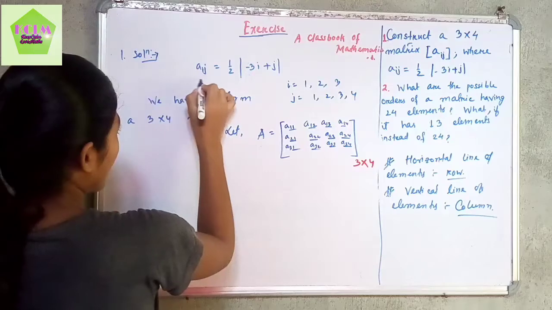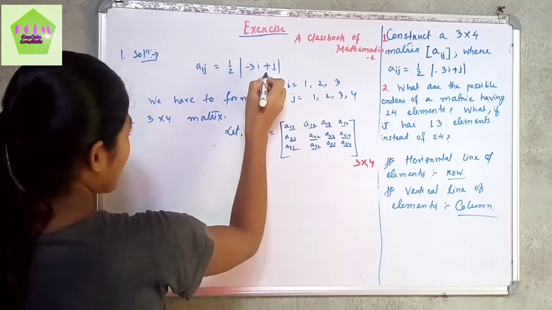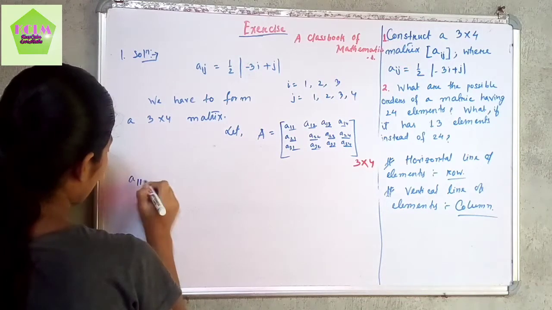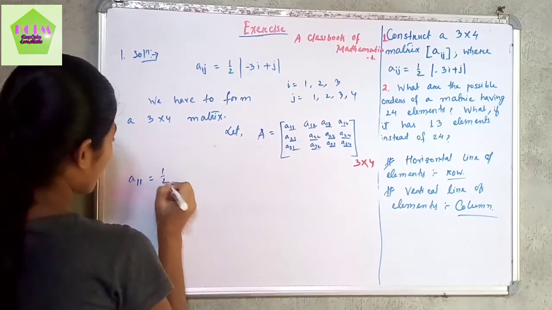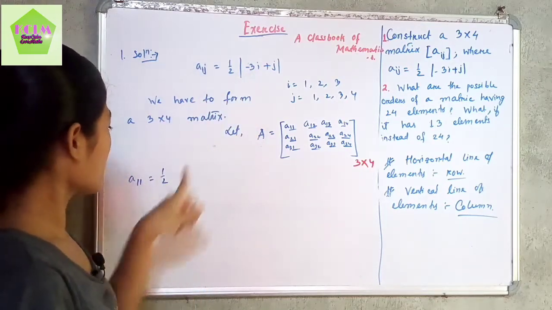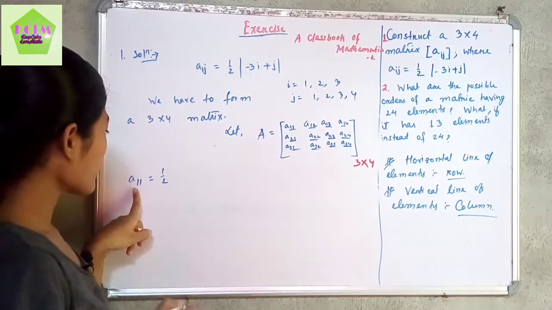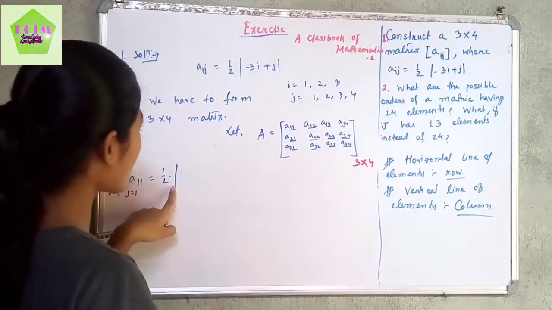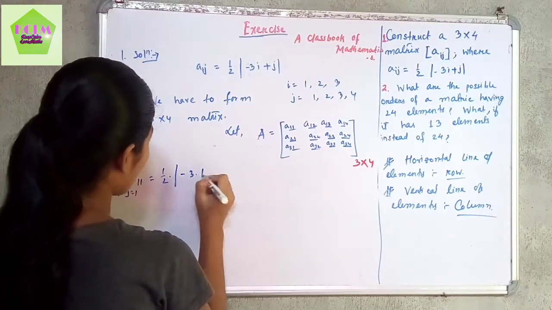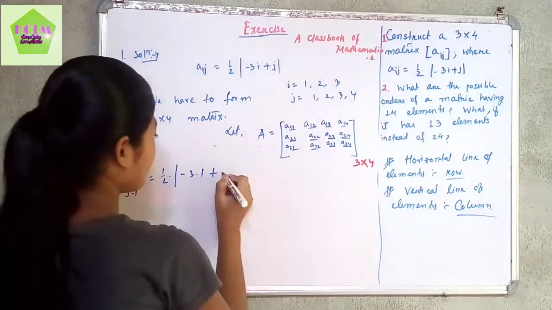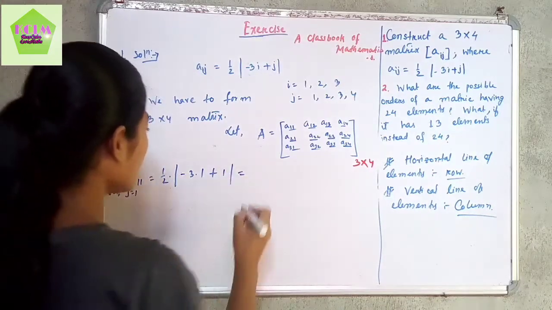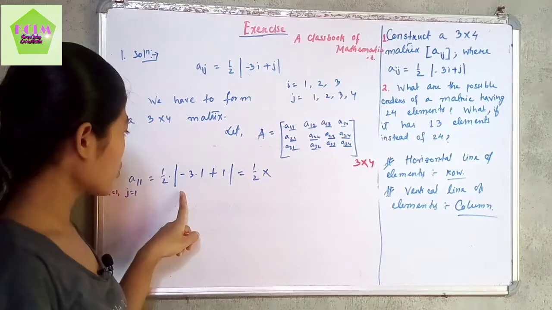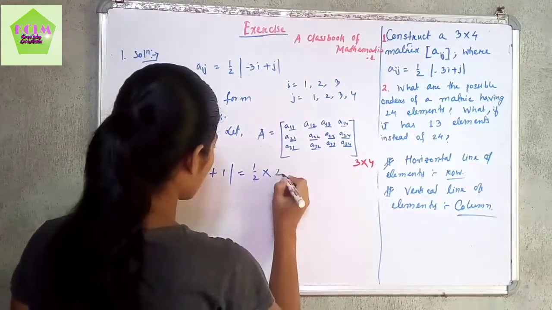Now we are given that a_ij equals half of modulus of minus 3i plus j, therefore we find the values of these elements of the matrix. a_11 will be: we have to put 1 in place of i and j, that means for i equal 1 and j equal 1, the modulus of minus 3 into 1 plus j, meaning 1, so the value will be half into modulus of minus 3 plus 1, which is minus 2, but the modulus sign makes it positive, therefore it is plus 2.